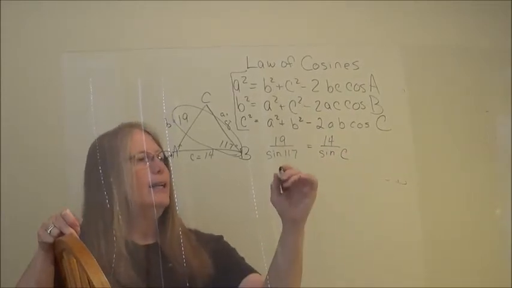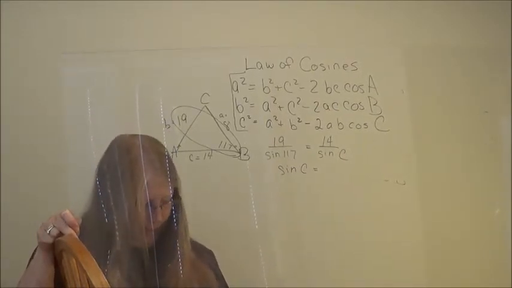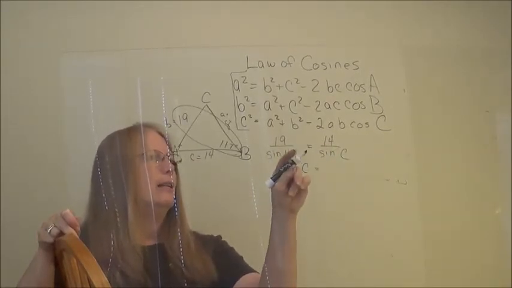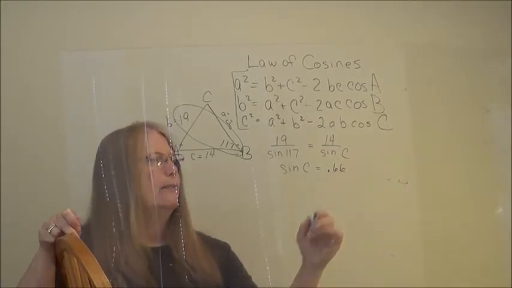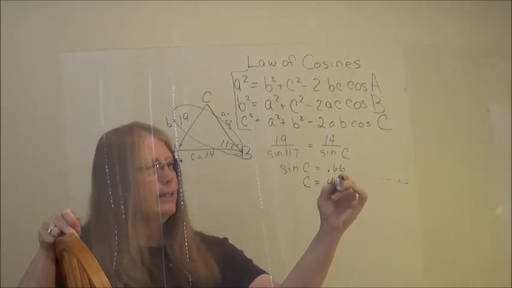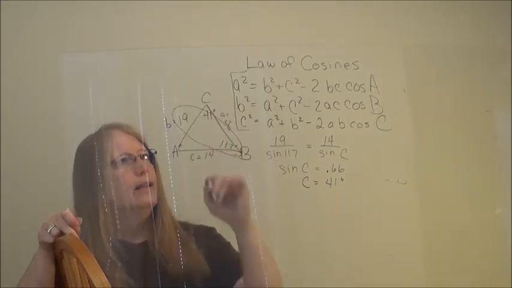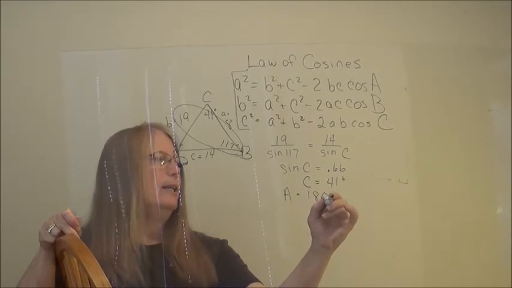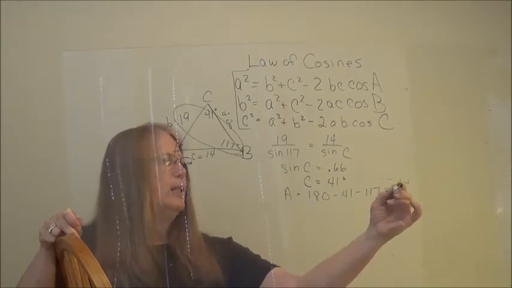So cross multiplying or whatever algebraic manipulation will get you to the point that sine of C equals 14 times sine of 117 divided by 19. You can verify that, and it came out to 0.66. Inverse sine of 0.66 gives me C is 41 degrees. So 41 degrees goes in for angle C. And now we can find A with subtraction, 180 minus 41 minus 117. When I did that, I came up with 22 degrees.